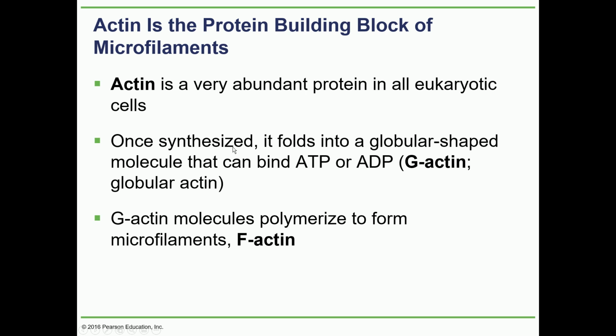Once this protein is synthesized, it folds into a globular shaped molecule that can bind ATP or ADP. When it folds into this globular shape, it is called G-actin, or globular actin. G-actin molecules polymerize to form microfilaments, F-actin.